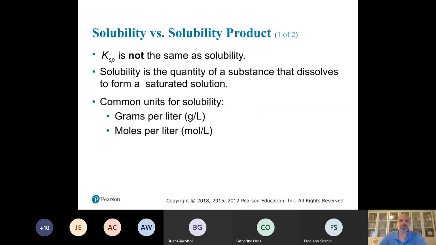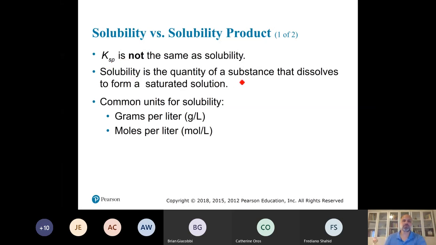Solubility versus solubility product. So we were just talking about KSP. The KSP is not the same as solubility. It's the first thing you need to recognize. KSP is the solubility product constant, or the equilibrium that exists between the substance being dissolved and it reprecipitating out of solution.